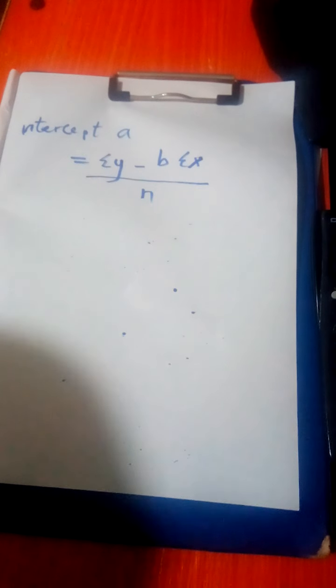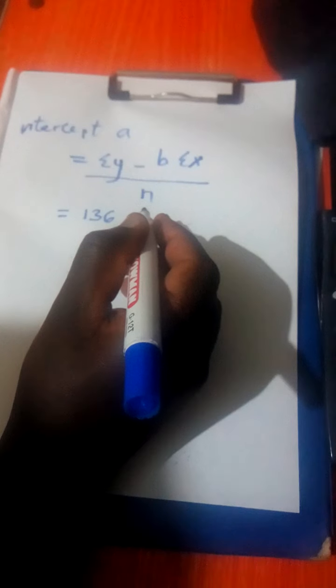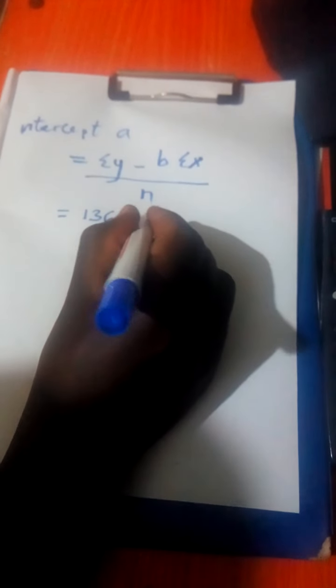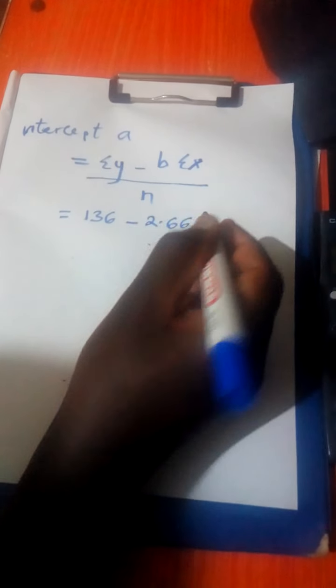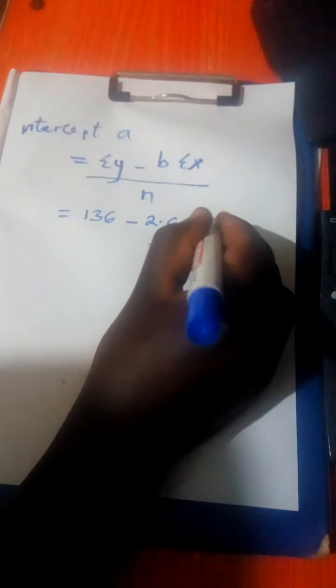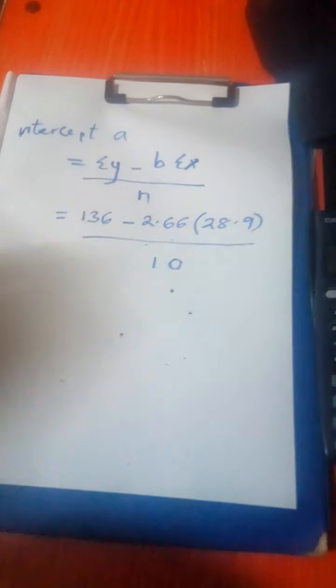So in our values, we know that the summation of y is 136, multiplied by b. We already got b as 2.66, so we say 2.66 times 28.9, and everything we put over 10.